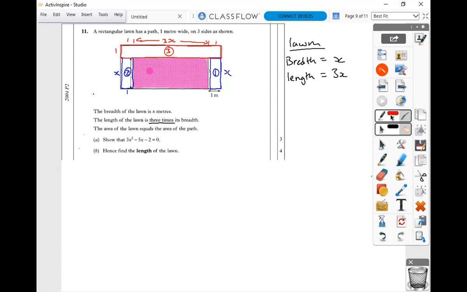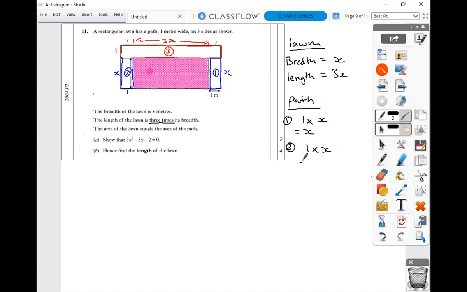So area 1 is 1 times x. Okay, area 1 is x. Area 2 is the exact same, 1 times x.